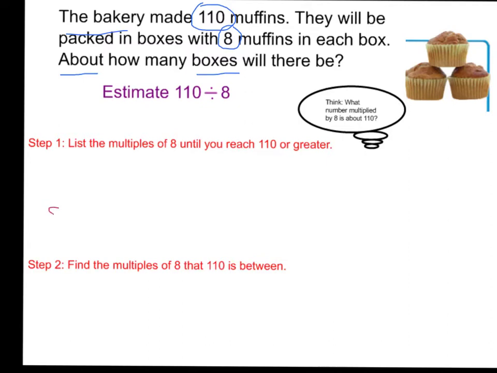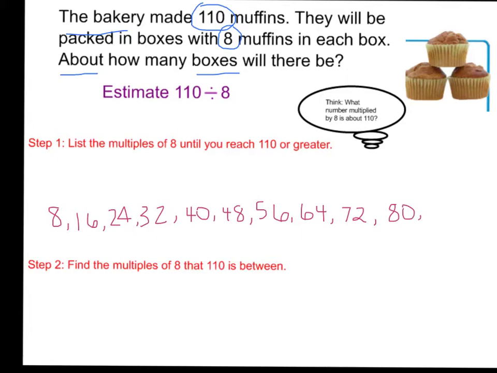I start out with 8 times 1 is 8, 8 times 2 is 16, 8 times 3, 24, 8 times 4 is 32, 8 times 5 is 40, 8 times 6 is 48, 8 times 7 is 56, 8 times 8 is 64, 8 times 9, 72, 8 times 10 is 80, 8 times 11 is 88, 8 times 12 is 96, 8 times 13 is 104, so I have to add 8 more to 96 to get 104, and if I add 8 more to 104, I get 112.